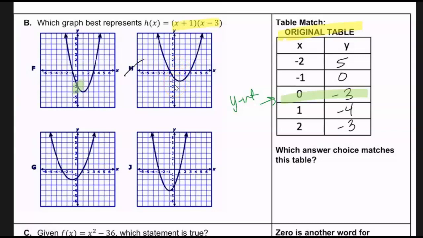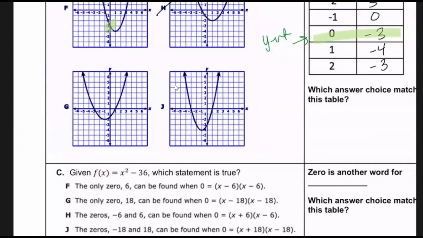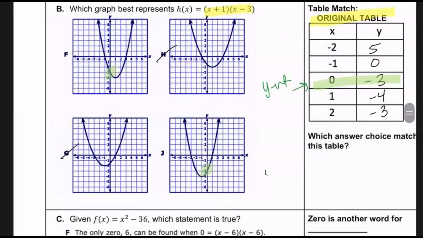So it can't be H. G, if I look at G, same problem. It also doesn't have a y-intercept at -3. So I can eliminate that. And if I look at J, J does have a y-intercept at -3. So these two are okay. So I eliminate 2 of them. So what I'm going to do next, I'm going to look at the other values.